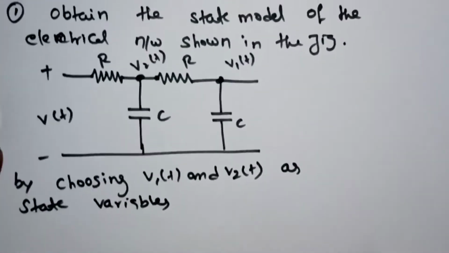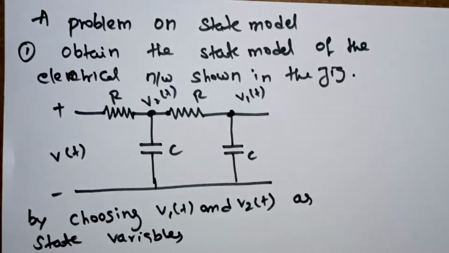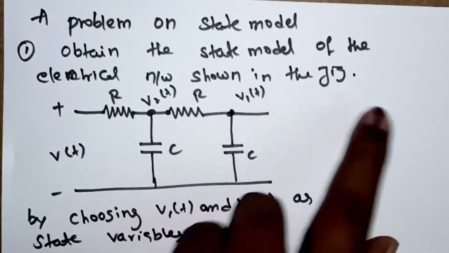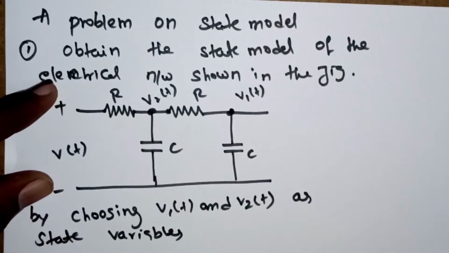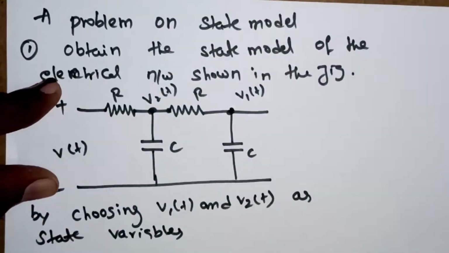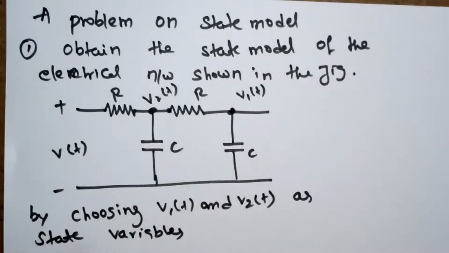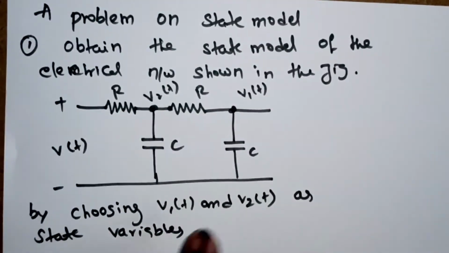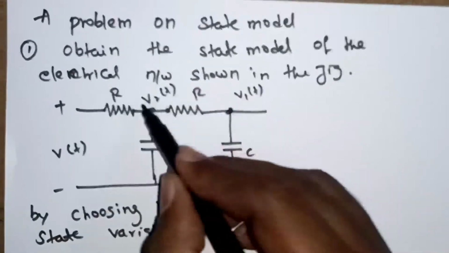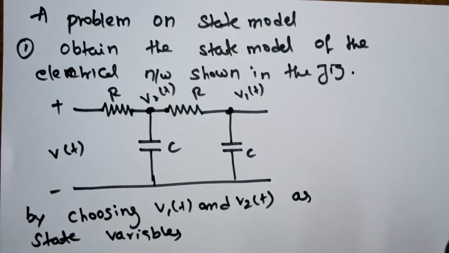So this is the problem: obtain the state model of the electrical network shown in the figure, by choosing V1 of t and V2 of t as the state variables. So we are going to solve this problem.